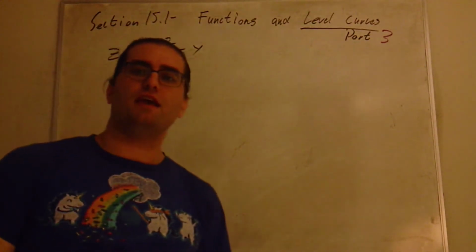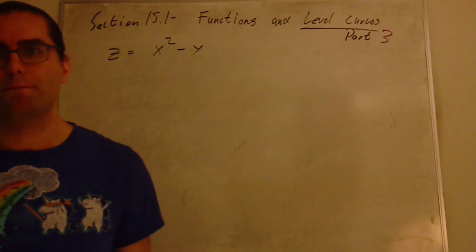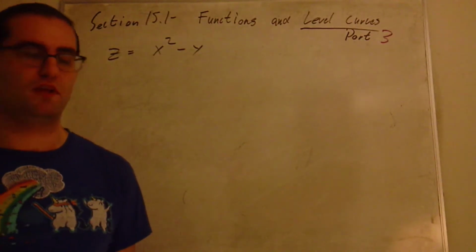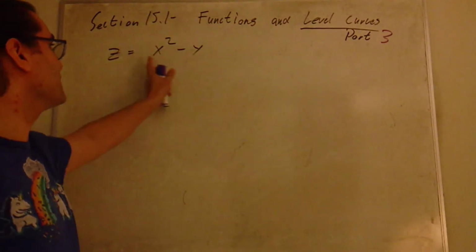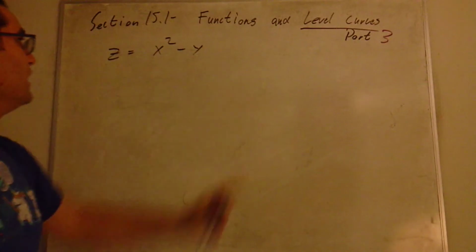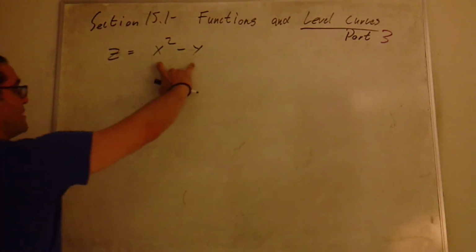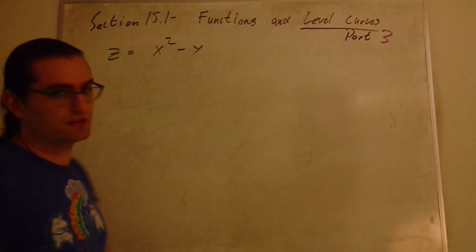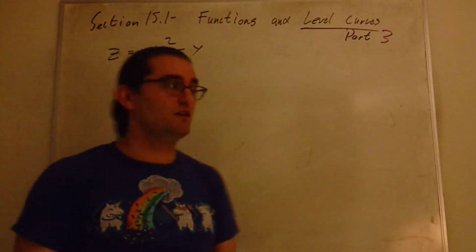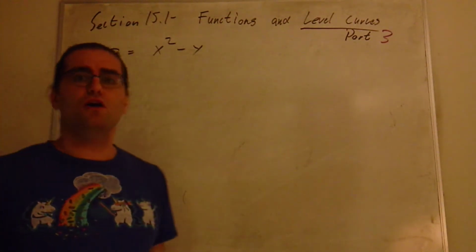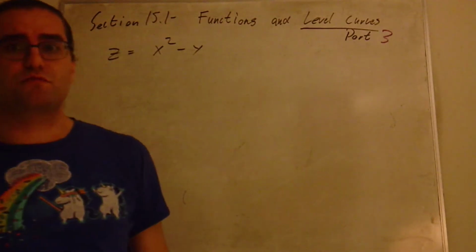This is a polynomial in two different directions. We have x's, we have y's. Right now they are separate. There are no terms that combine the x's and the y's together. We have one x term and one y term, which is going to make the level curves for this pretty easy.